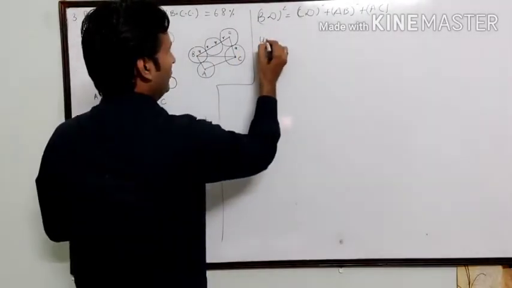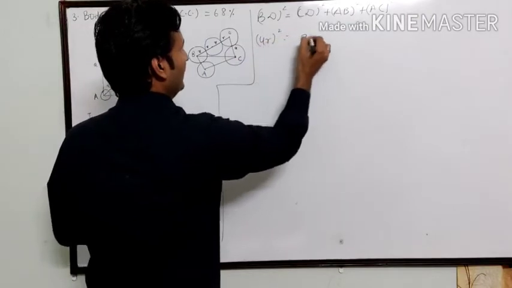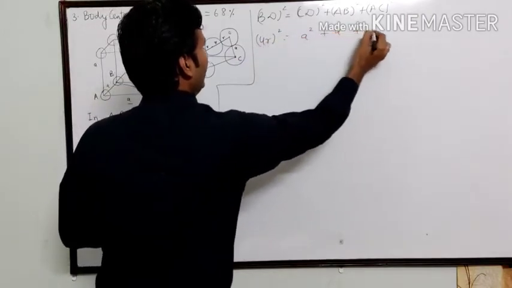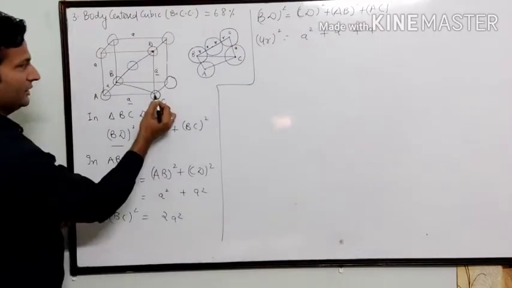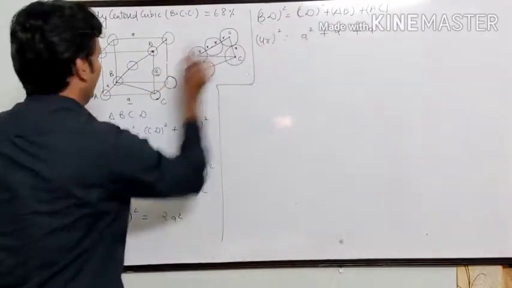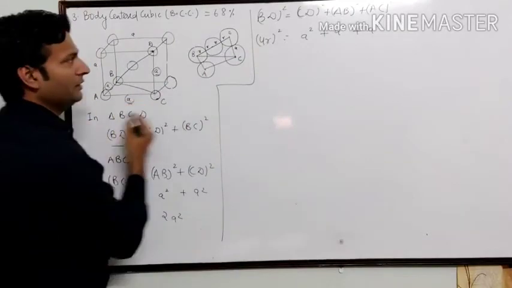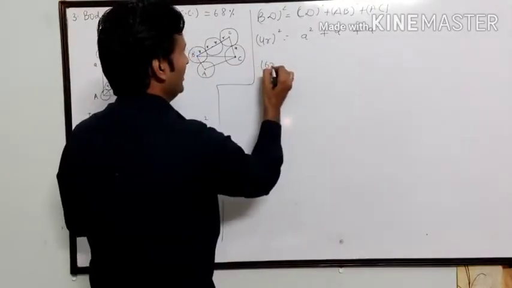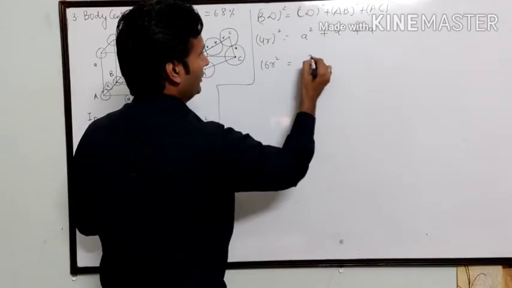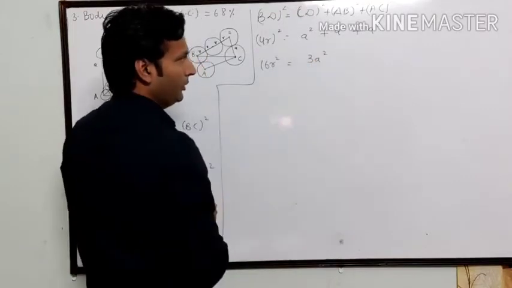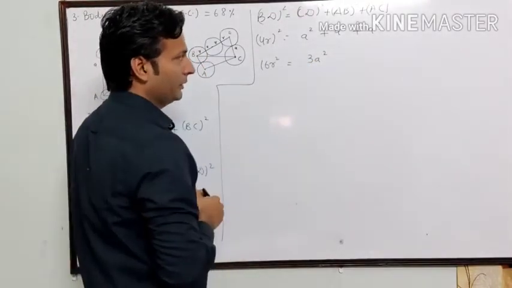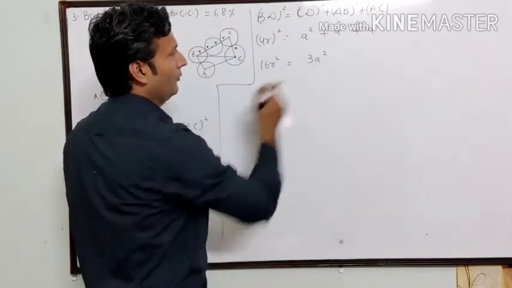BD square is equal to 4R square, it is A square, it is A square and it is A square. Again you can see C to D is edge length, A to B is edge length and A to C is edge length. Now it is 16R square equals 3A square. Now solve by removing the square.